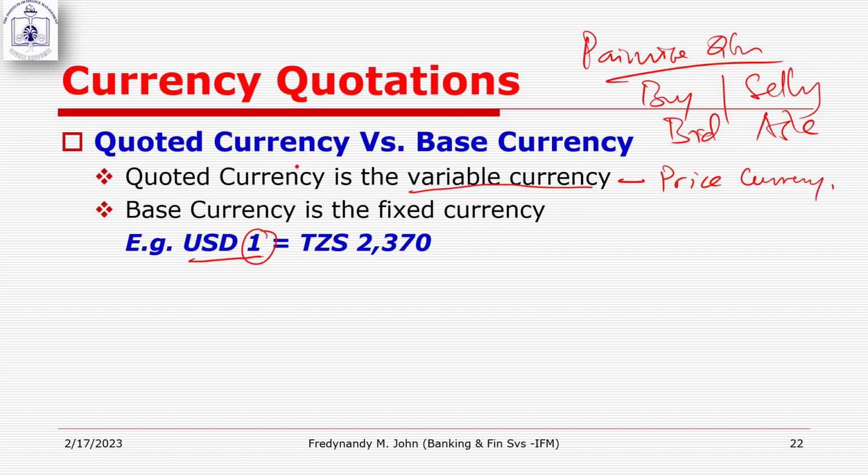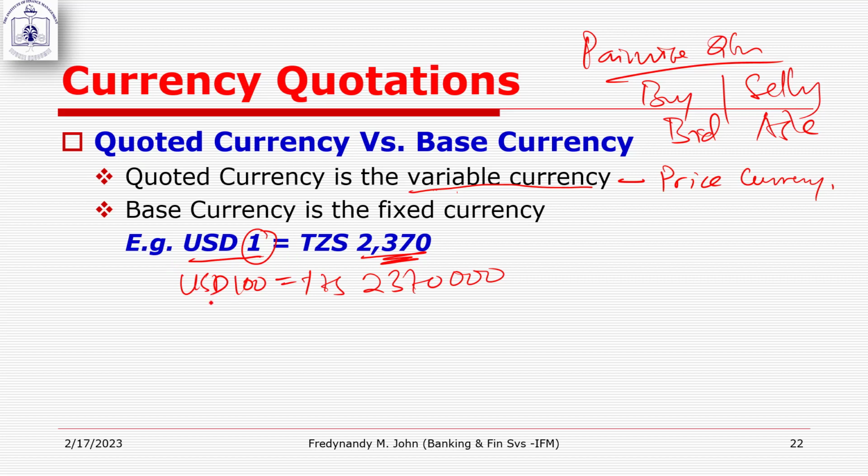The quoted currency, or price currency, or variable currency is the Tanzanian shillings. Another example can be like this one: 100 units of the USD for Tanzanian shillings, right?